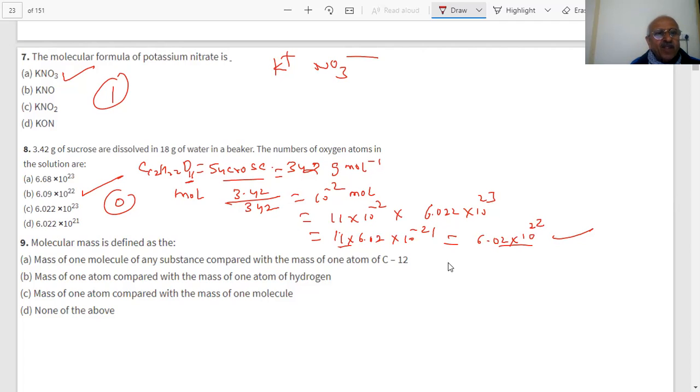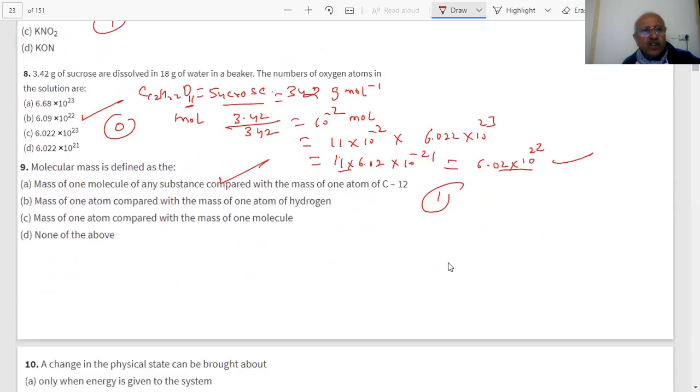What is the correct answer for molecular mass? Sir, A part is the correct answer. Molecular mass is the mass of one molecule of any substance compared with mass of 1/12 of a carbon-12 atom. That is the correct answer, students.